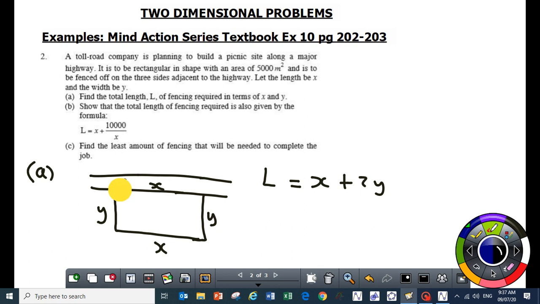This one here is along the road. That's the one which is going to be used to get into the picnic site or to get out of it. And as I said, it makes sense to have a longer side being the length. All right, so that's the equation, because they just said find the total length L required in terms of x and y. That's your answer there.